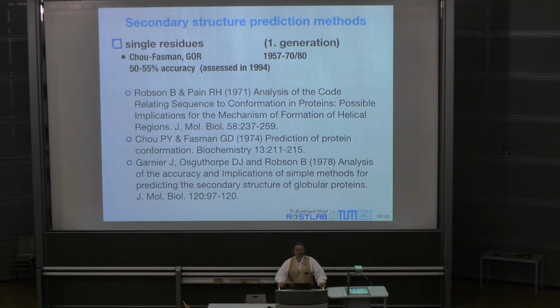So that was a lie in some sense. 63 turned into 50 to 55, somewhere in that ballpark, closer to 50. Random is 33, or since the states are not equally distributed, random actually is 35. So still clearly better than random.